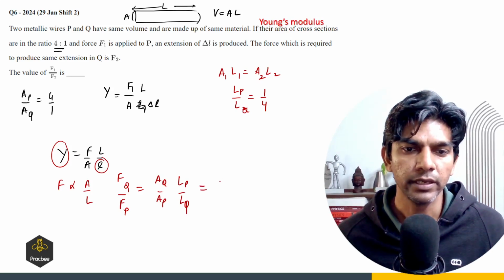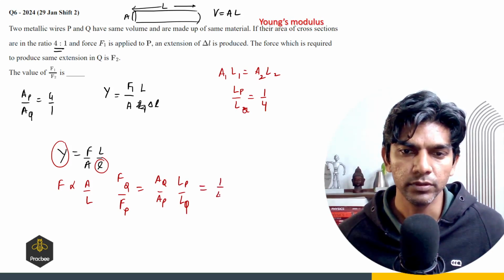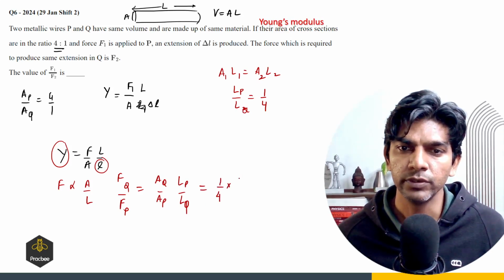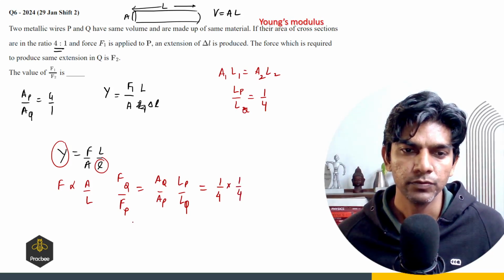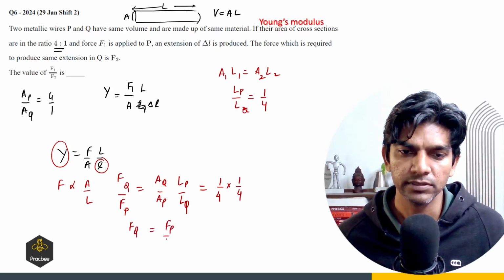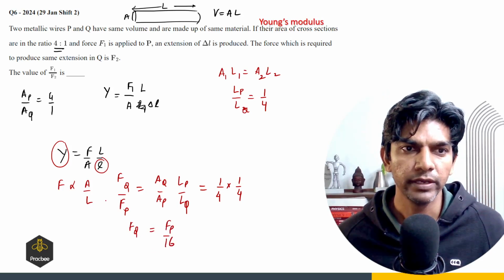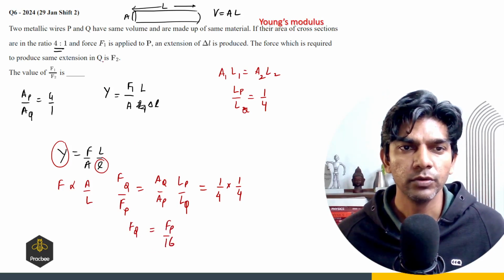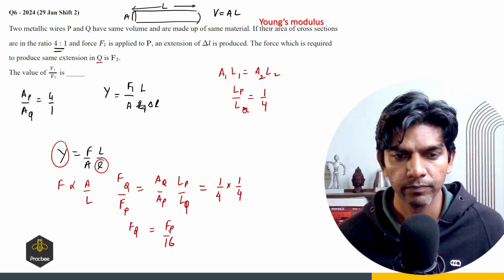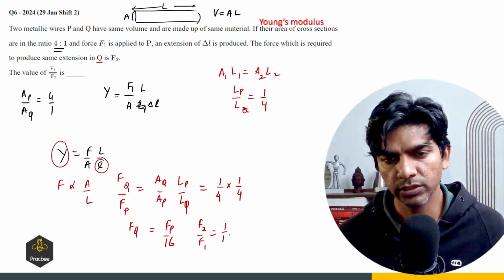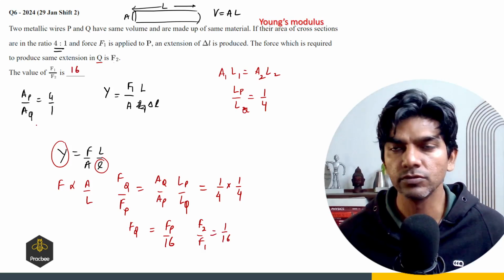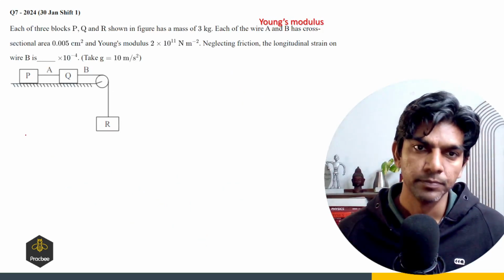Now from this, AQ by AP is 1 by 4 and LP by LQ is 1 by 4. So from this, FQ will be FP by 16. So FQ is F2, right? So F2 by F1 is 1 by 16, so F1 by F2 will be 16. So 16 is the answer of this question.